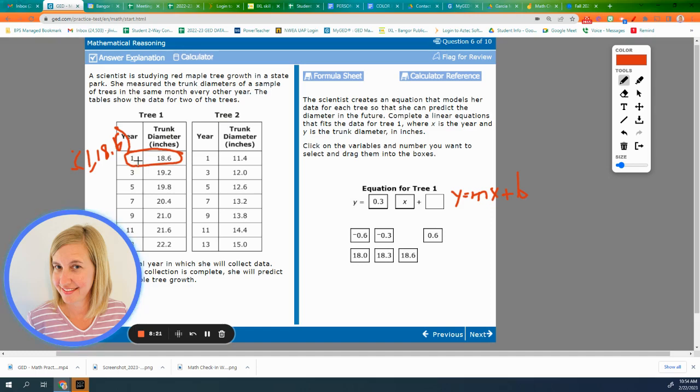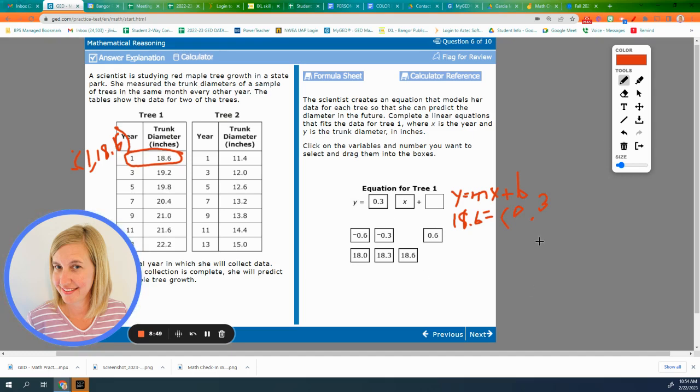If you can ever work with a 1 or a 0 as one of your values for x or y, it kind of makes things easier. So y is 18.6. So on the next line, I'm going to substitute in 18.6 for y equals m, we know, is 0.3. I'm going to put that in parentheses, 0.3.